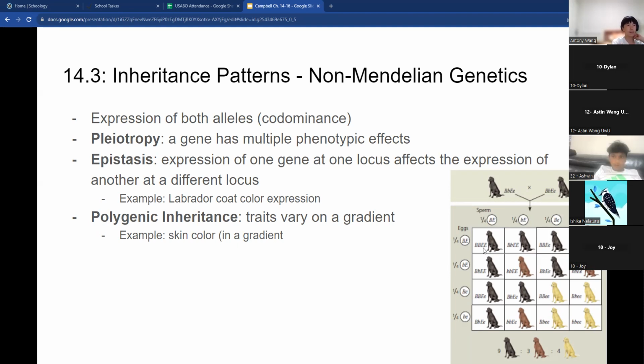If the gene that produces pigment is recessive, then the Labrador will have no pigment in its coat, which results in a yellowish phenotype. Whereas if it does produce pigment, then it will have black or brown phenotypes. This is an example of epistasis because the gene that codes for pigment production affects the coat color of the Labradors, which is a separate gene.